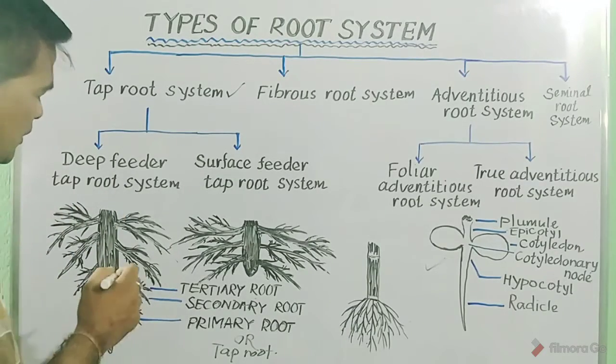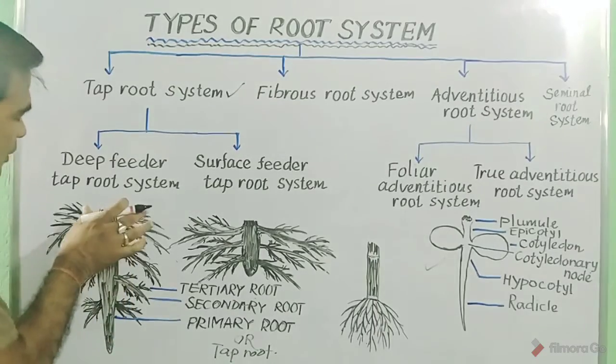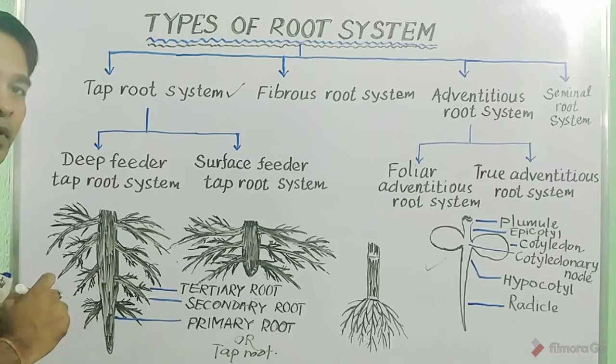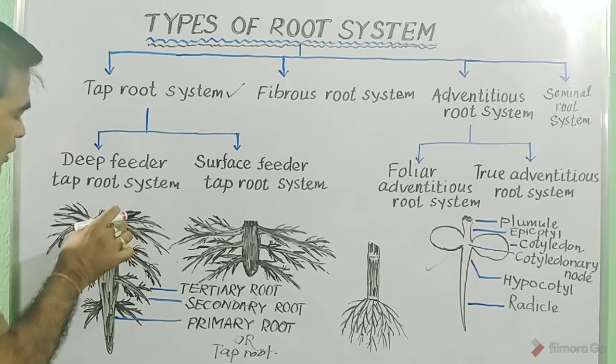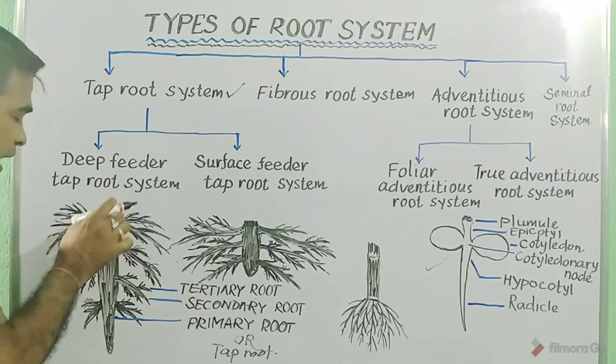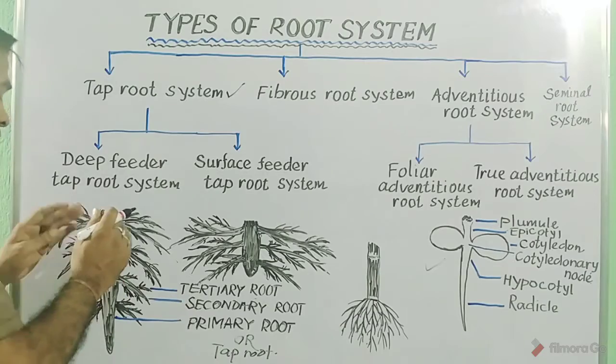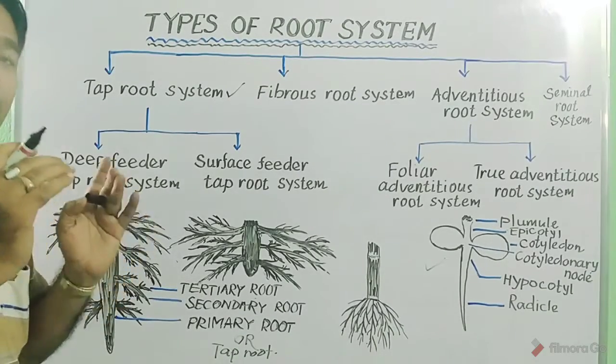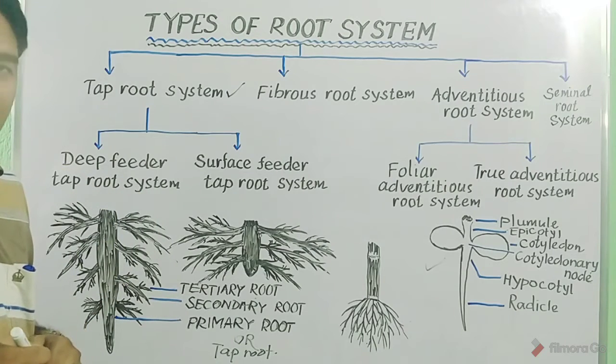The secondary roots develop over the primary root, and they are arranged in acropetal succession.